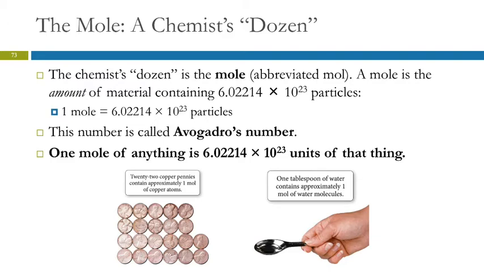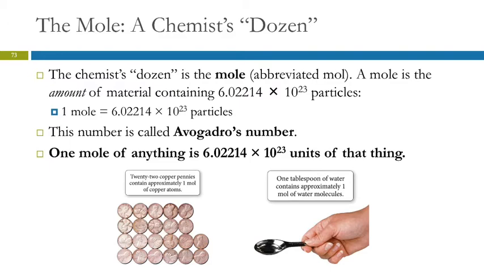So 1 mole of anything is Avogadro's number of units of that thing. This is a number you need to memorize: 6.022 times 10 to the 23rd. If you don't use the 1,4, I'm fine with that. You need to know that number. And this is one of the reasons we really need scientific notation on our calculators, because that's a 6 with 23 zeros after it, and you can't put that in decimal form. You have to use scientific notation on your calculator.